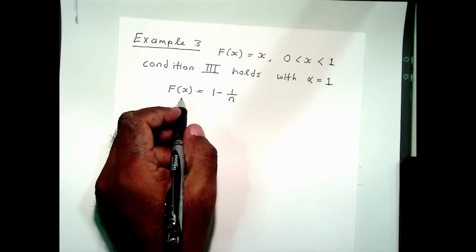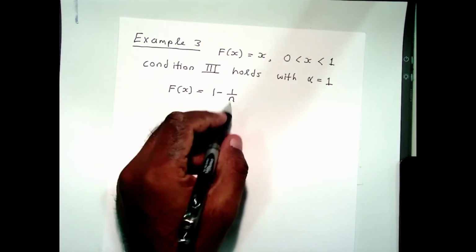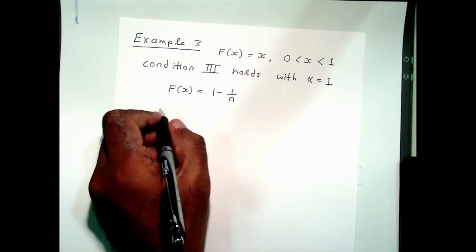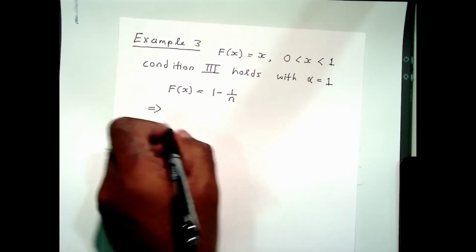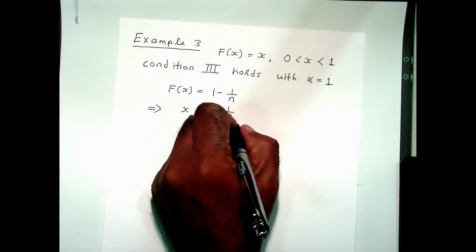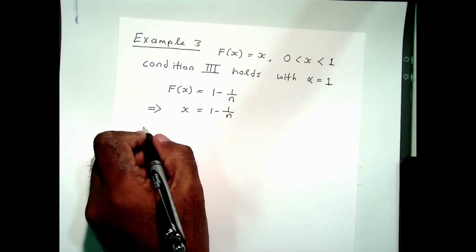So to do that, you set the CDF equal to 1 minus 1 over n, and then solve for x.